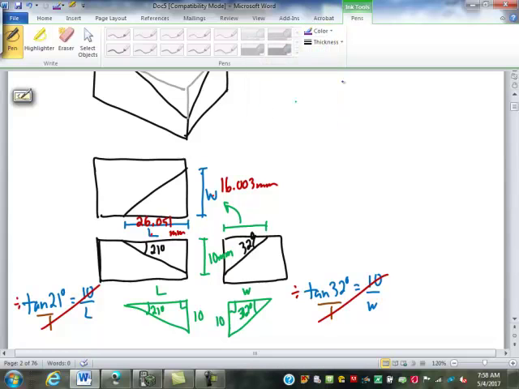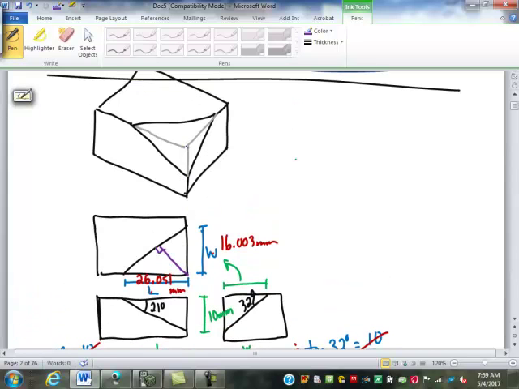Okay, so now the next step is we're going to look at this triangle here and find that dimension cut across there, at a right angle. So we're looking at that top triangle up here.